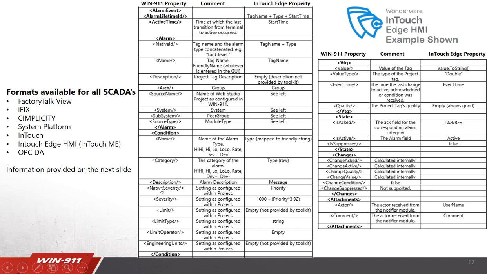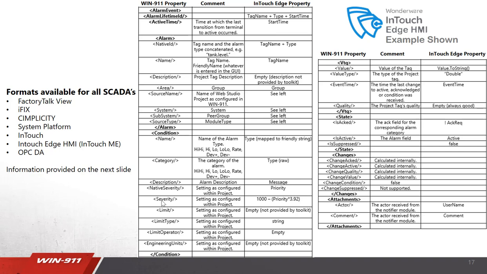The native severity is an important distinction from the severity. Within Win911, we have to handle alarm events from multiple SCADAs, and so we need to generalize their concept of importance so that when a phone line becomes available, we know which alarm to dial out first. Some SCADA packages may have high, medium, low.